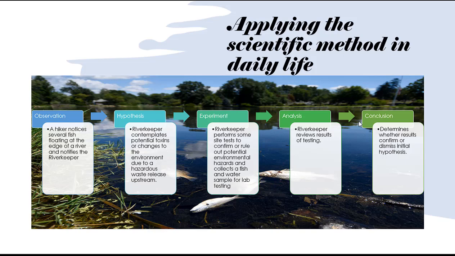Experiment: the river keeper performs some site tests to confirm or rule out potential environmental hazards and collects a fish and water sample for lab testing. Analysis: the river keeper reviews the results of those lab tests. And in conclusion, they determine whether the results confirm or dismiss the initial hypothesis, right? So again, a perfect example of how we can use scientific reasoning in our career if we happen to be a river keeper.